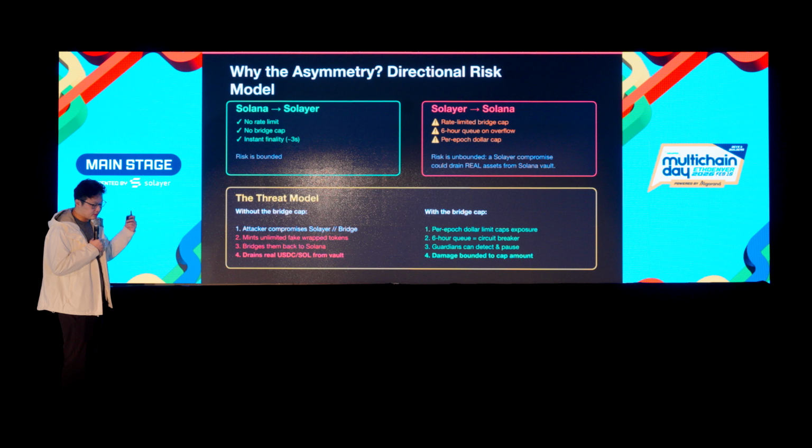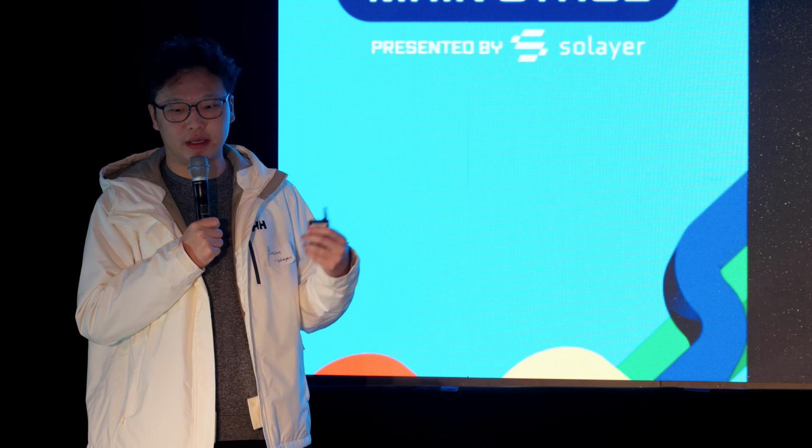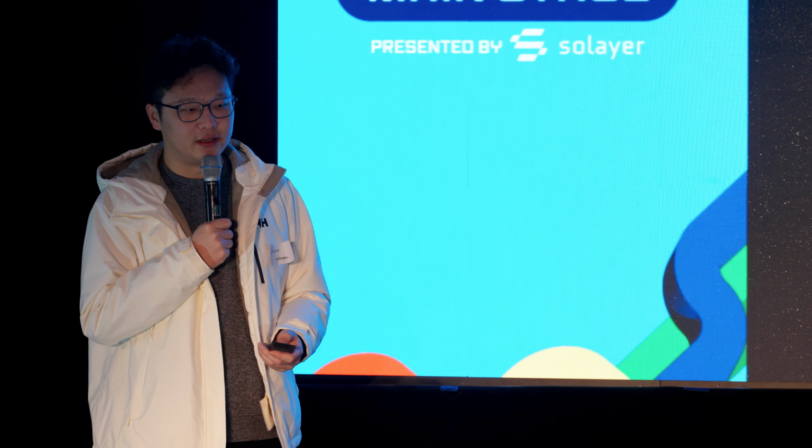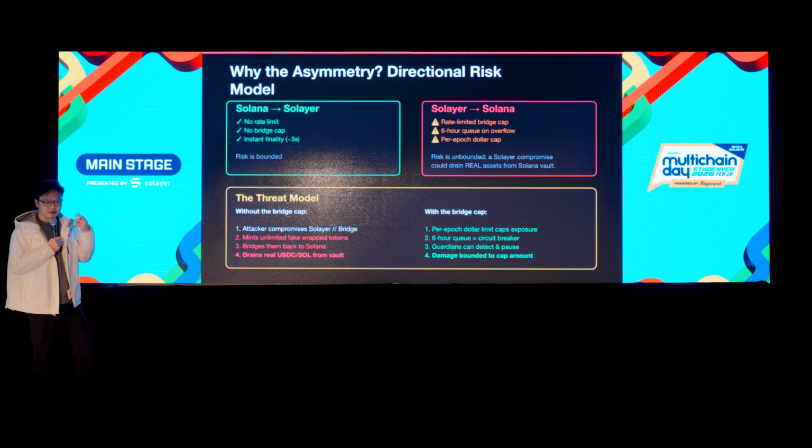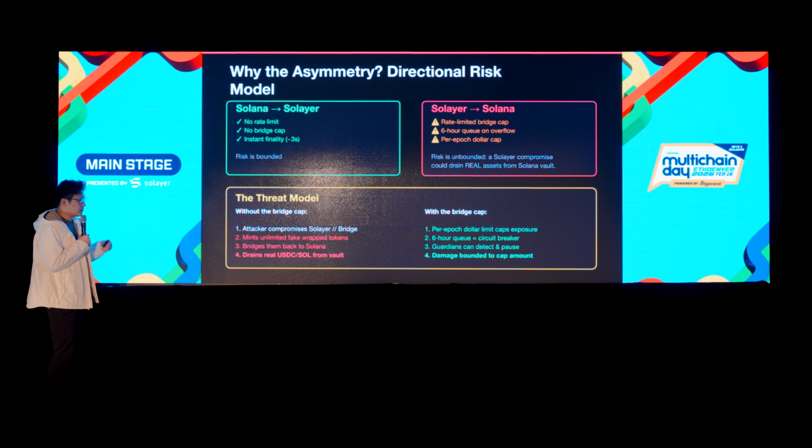But the threat model is that if anything happens on Solayer, even in the case of a contract mis-execution because we placed a primitive in a wrong spot or whatever, or the bridge itself is hacked, for example, key leak, right? If we were to isolate all the risks, we'd be able to stop that attack immediately. And this is one of the most important considerations of building a bridge.